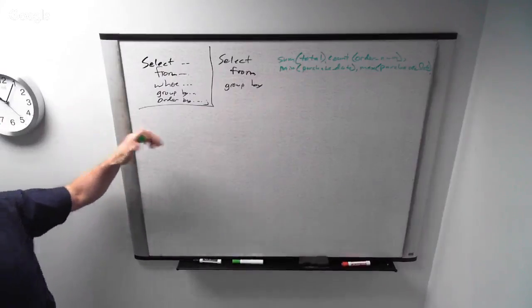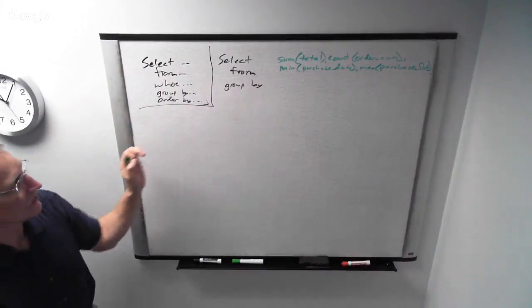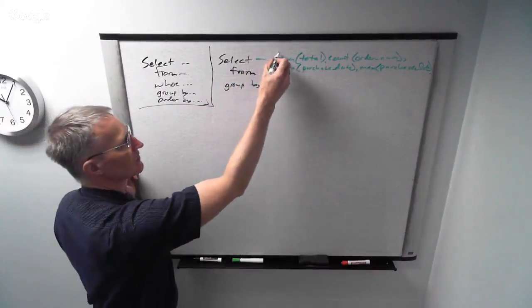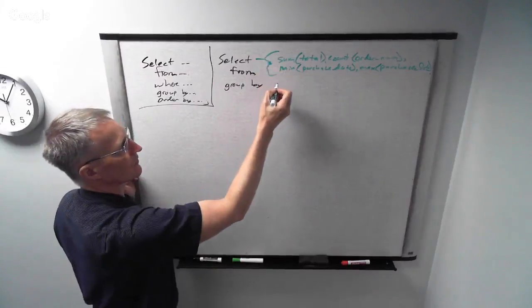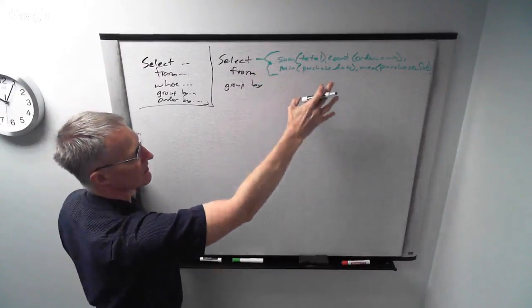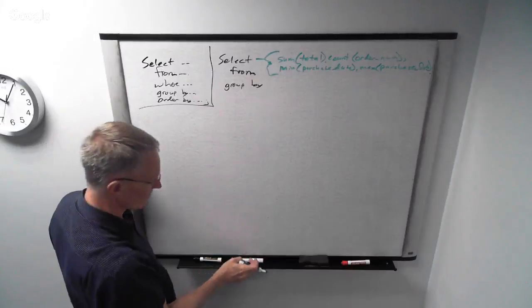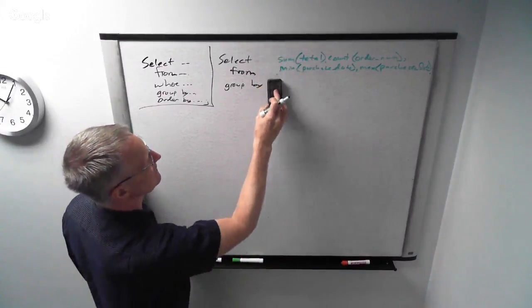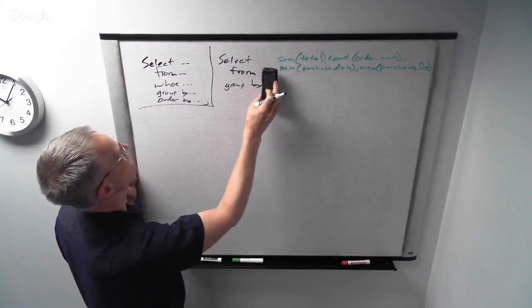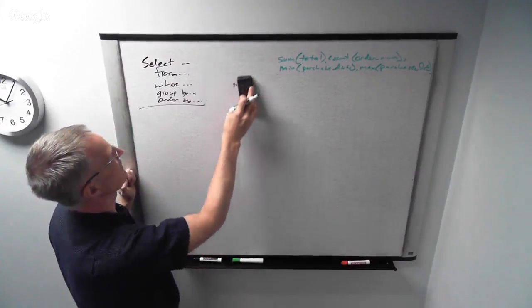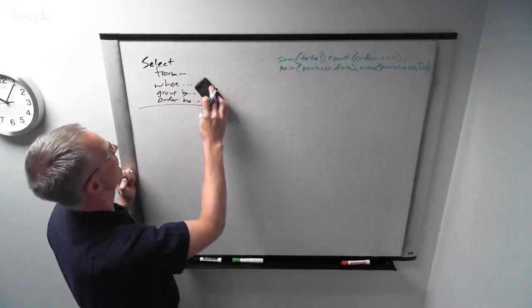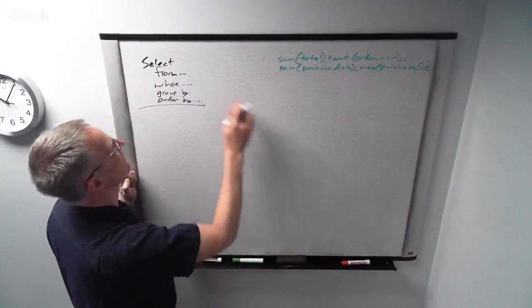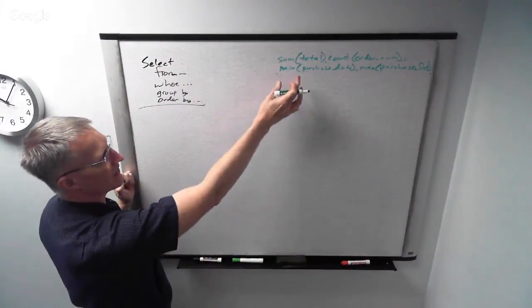Running out of room on the board. All right, so the select, based on what tables we're working with, takes on this type of notation. So there's one other item, and I've got to squeeze this in a little bit because I didn't give myself enough room. All right, I'll take this part and go like this. Okay. All right, so we've got these aggregation functions.